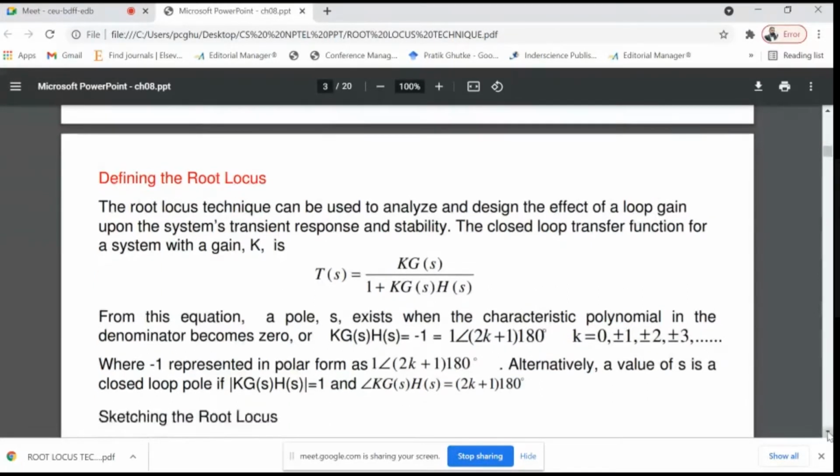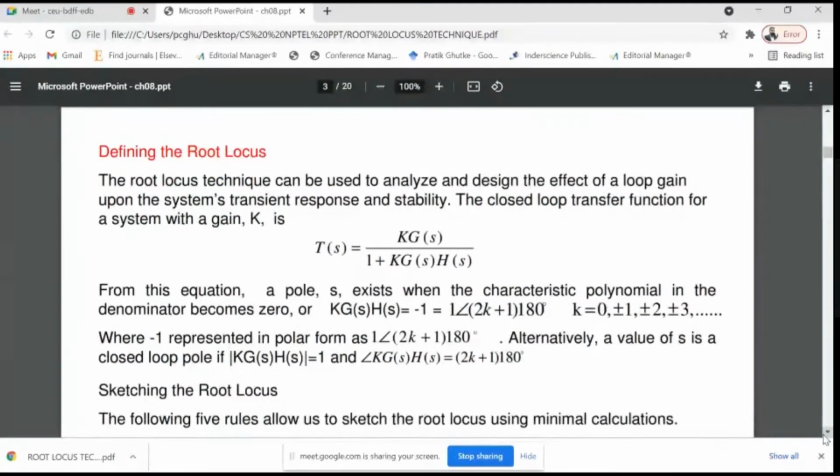So what is the definition for the root locus? A root locus technique can be used to analyze and design the effect of a loop gain upon the system transient response and stability.